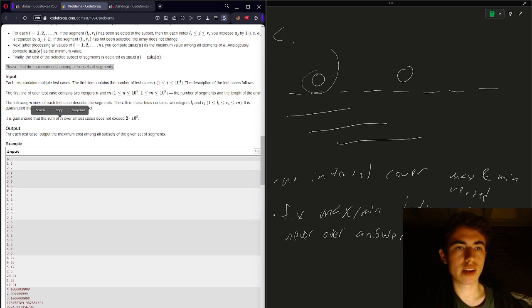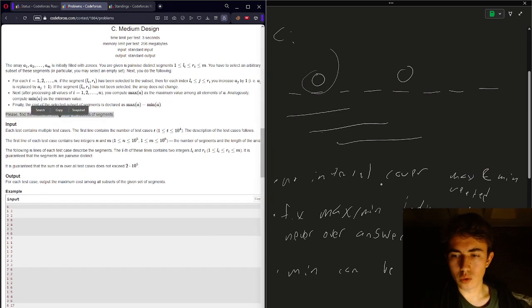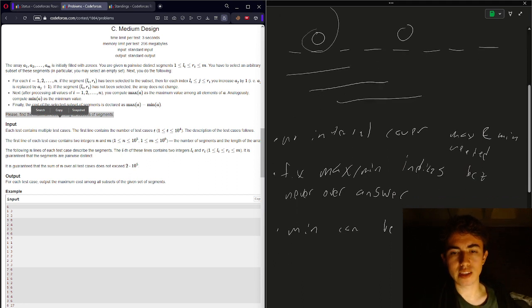Also, I think it's pretty clear that since we want the minimum to not be with the maximum, the minimum is either going to be index 1 or m. Alright, hopefully that's clear.